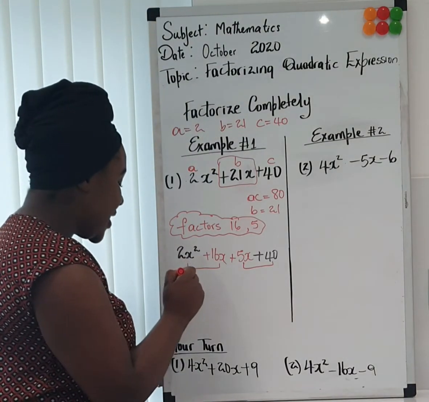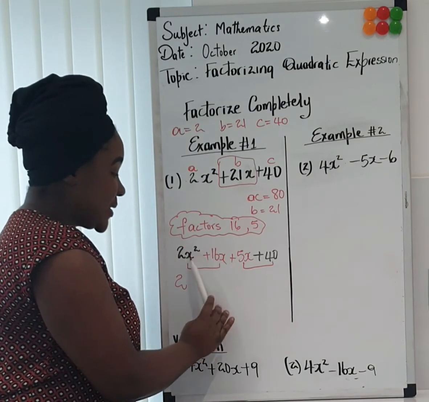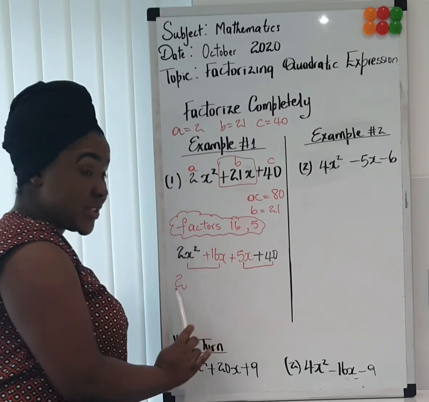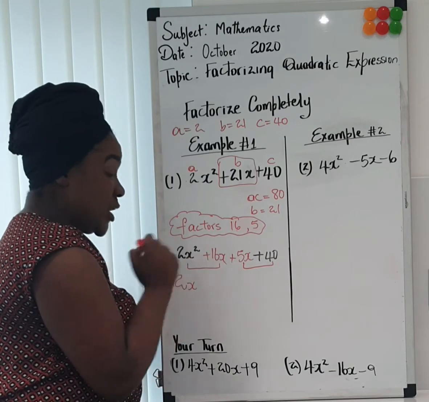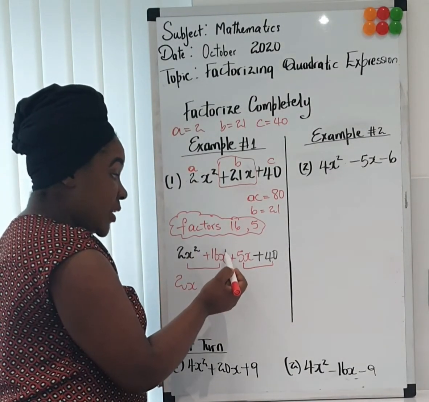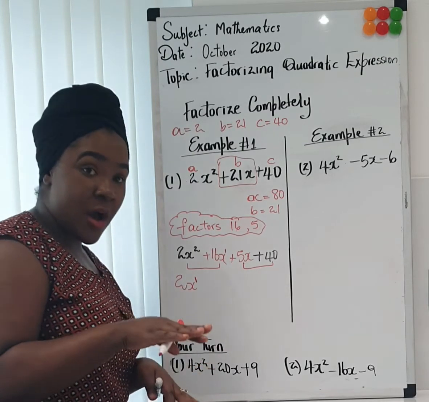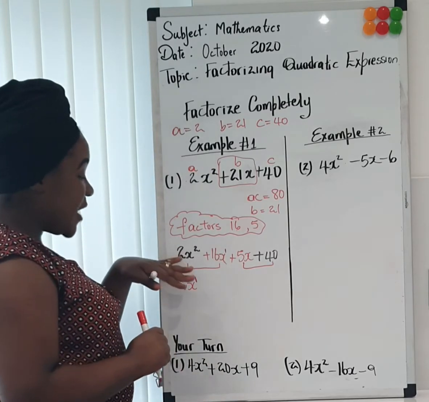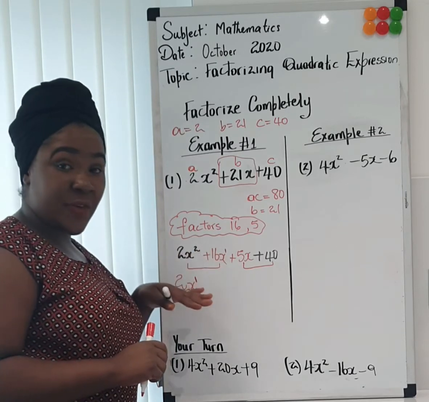Then the x is common to both terms, and we look for the lowest power to write down. The power there is 2 and the power here is 1, so we write down 1. The lowest power of the common variable makes up our HCF. So the HCF of 2x squared plus 16x is 2x to the first power.